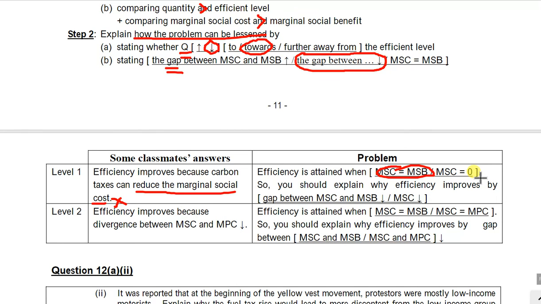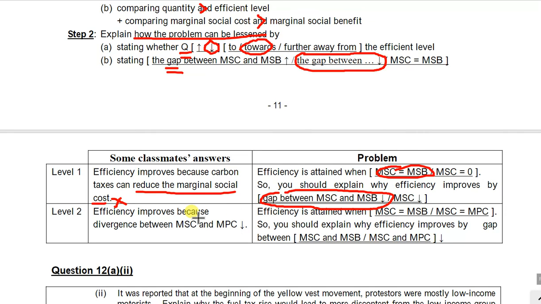Of course, if we produce nothing, we don't have any pollution, but everybody will die, right? We don't want the social cost to be zero. We just want it to be equal to the marginal social benefit. And that's why when you explain why the efficiency improved, you should not tell me that the marginal social cost decreases. You should tell me that the gap decreases. So this is what you have to explain.